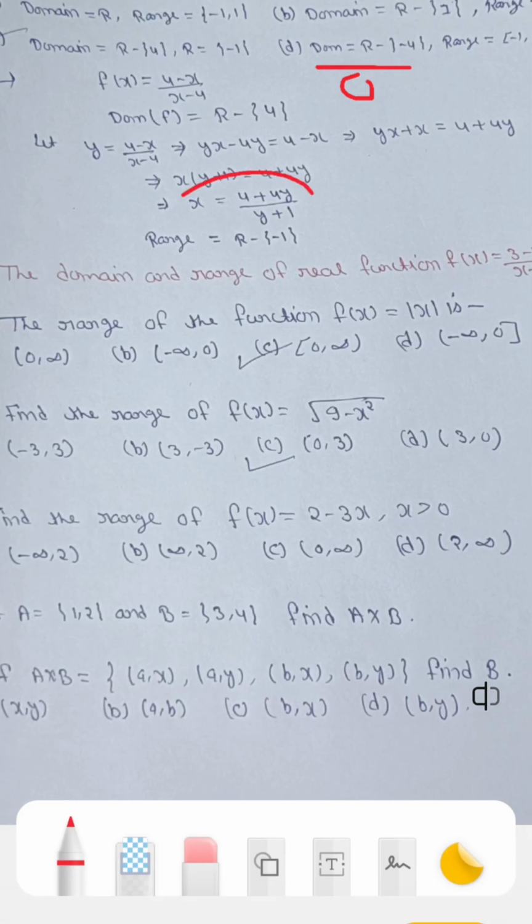We get x equal to 4 plus 4y divided by y plus 1. Now the range is the real numbers except minus 1, because putting the value of y as minus 1, we also get 0 in the denominator, so f(x) is not defined. Therefore the range is equal to the real numbers except minus 1.